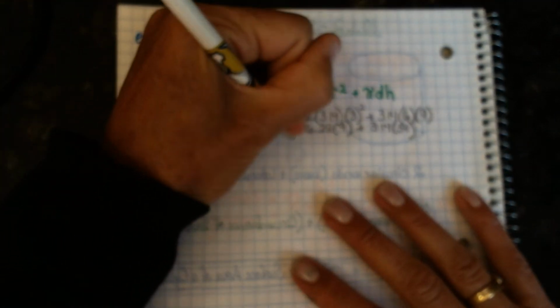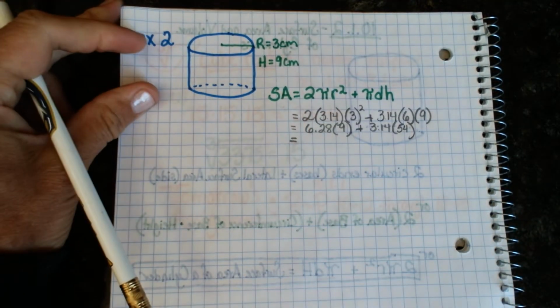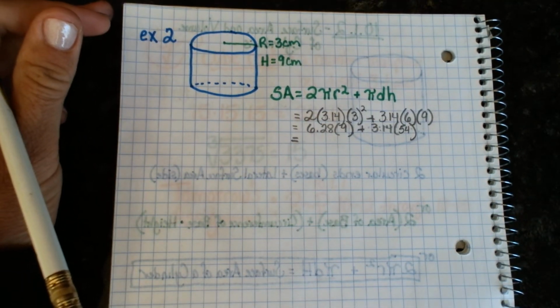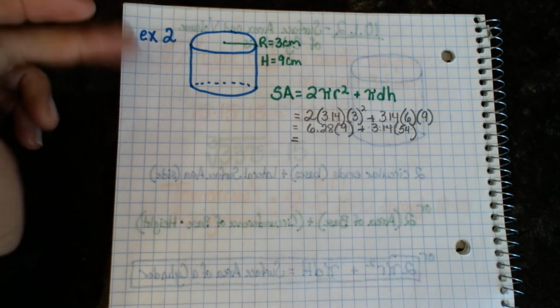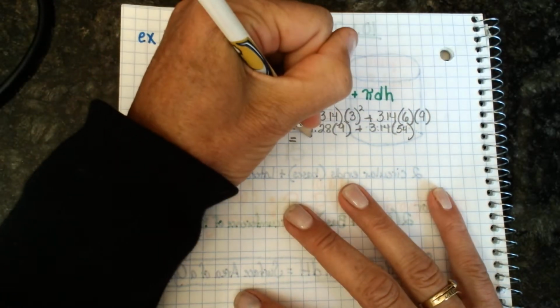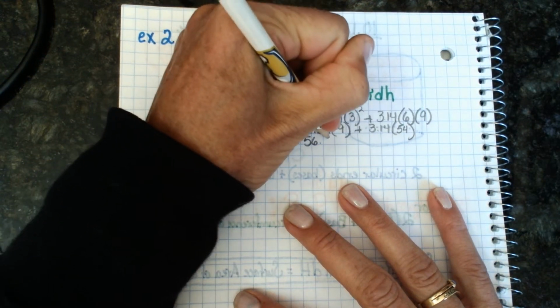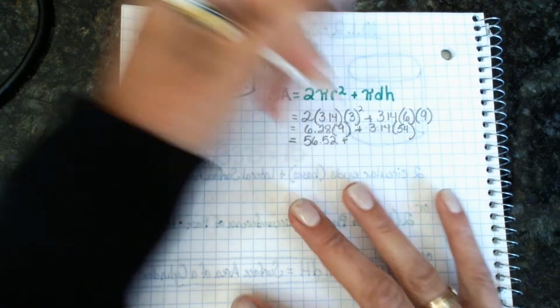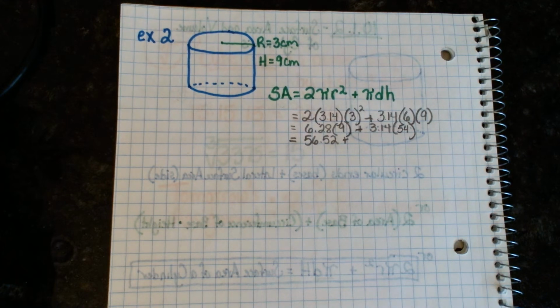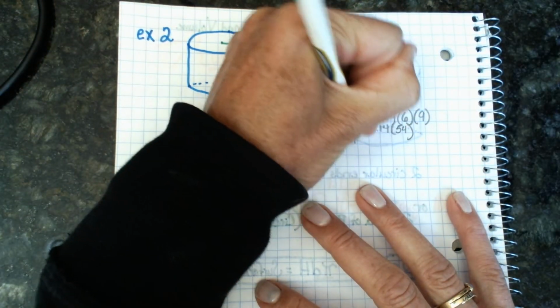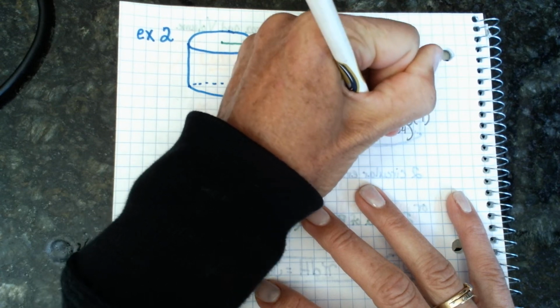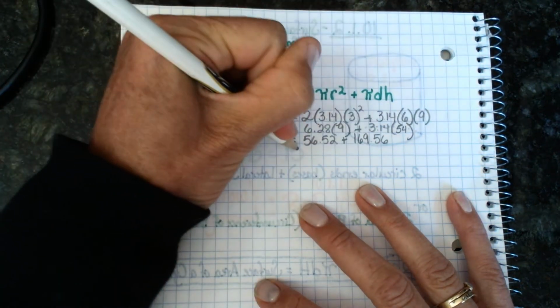Okay, now I'm going to need to reach for my calculator, and I'm going to multiply 6.28 times 9, and I get 56 and 52 hundredths, plus, now I'm going to multiply 3.14 times 54, and for that I get 169 and 56 hundredths.